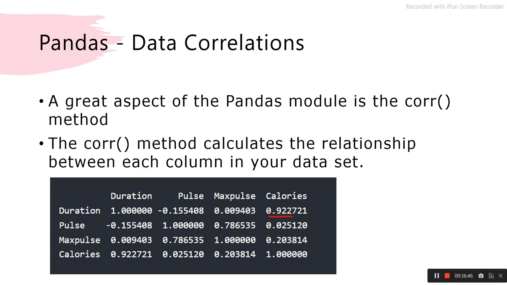For example, if you increase the duration, the calories burned also will increase. That is a direct relationship, so that's why this value is positive 0.9.